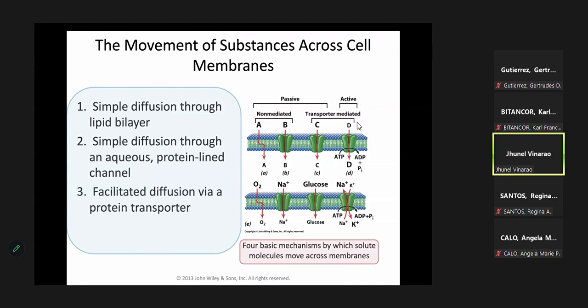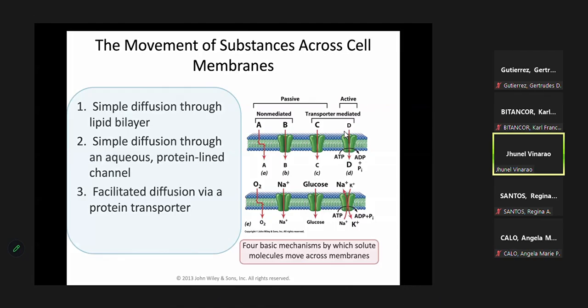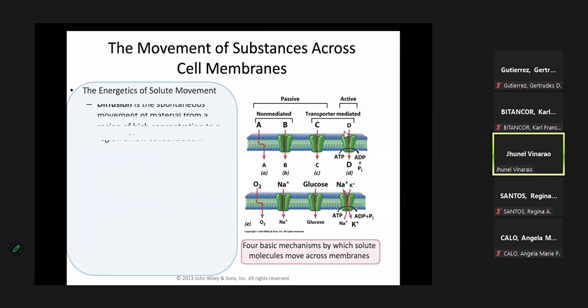Okay, simple diffusion through the lipid bilayer. Facilitated diffusion via the protein transporter.